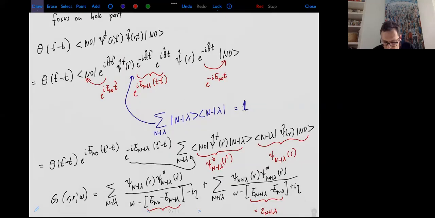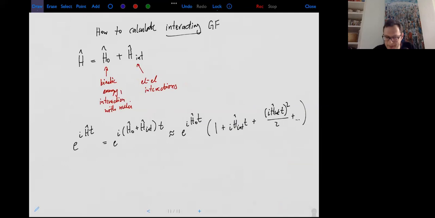Obviously, I have to do that for each of these terms here. So I have several of these exponentials that I expand, and what will happen is that this procedure generates a lot of terms.